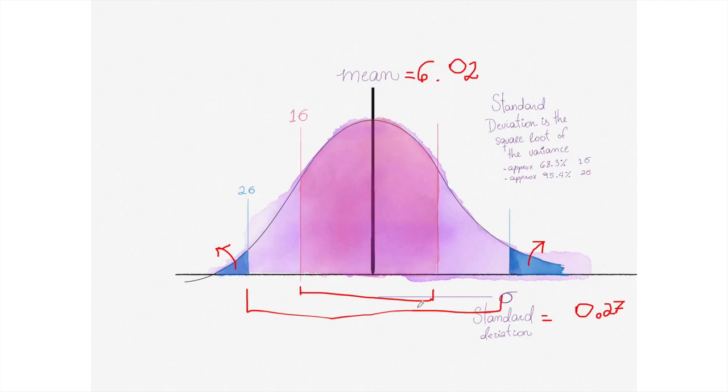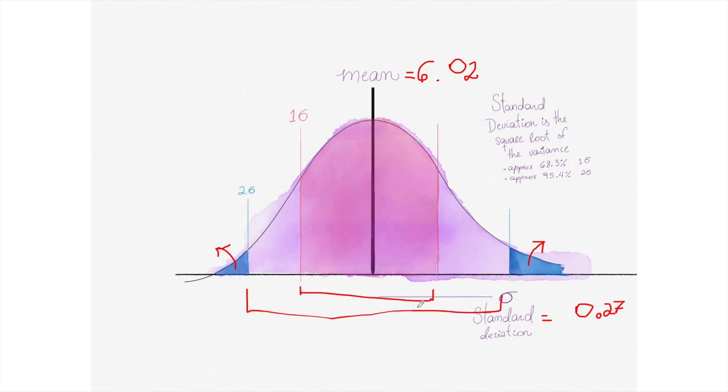How do we make sense of these numbers in a more friendly way? We have the concept of a standard normal distribution, which is a little different from the normal distribution we're looking at here. In a standard normal distribution, the mean is 0 and the standard deviation is 1.